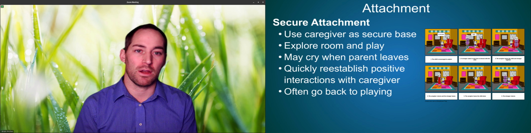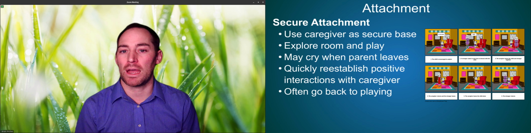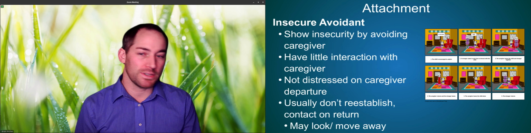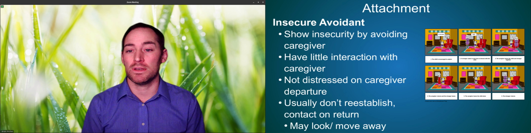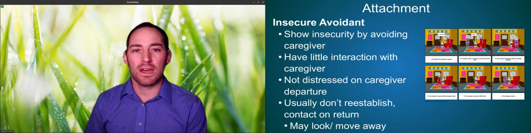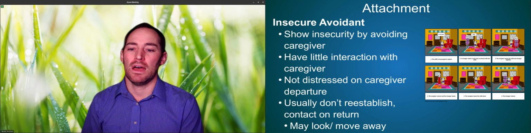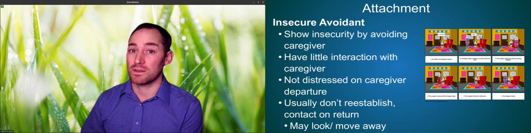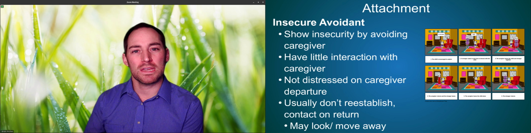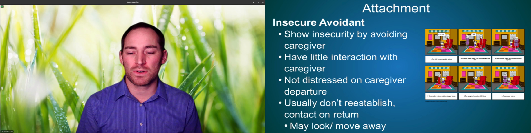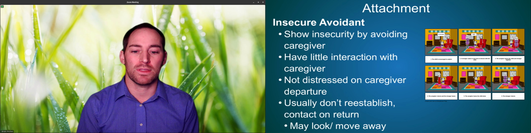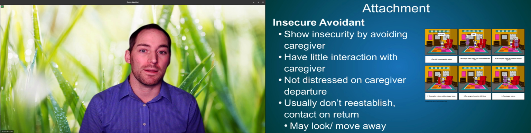So after the caregiver comes back, they'll usually be able to get back to playing, versus in something like insecure attachment, you might see from the beginning they're kind of avoiding the caregiver. They don't have too much interaction with the caregiver. They may or may not be distressed when the caregiver leaves. And then when the caregiver comes back, they usually don't try to establish contact. So they might even move away or look away.